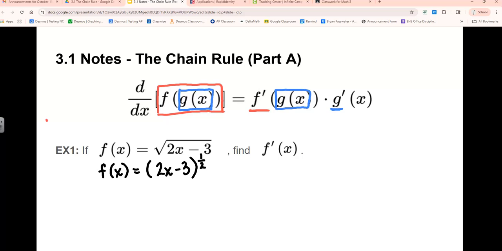So that's just converting here. I haven't taken the derivative yet. My outside part of this function is the square root, to the 1/2 power. The inside part is the 2x minus 3.